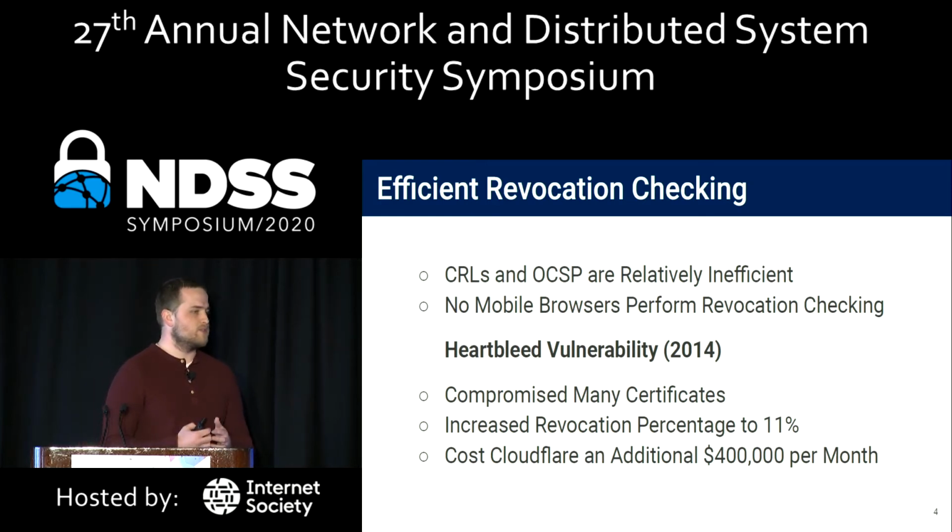This inefficiency was also highly visible following the Heartbleed vulnerability in 2014, where many certificates were compromised and the revocation percentage jumped drastically from 1% to 11%. This had significant consequences; for example, Cloudflare incurred an additional $400,000 per month in costs just publishing their large CRL.